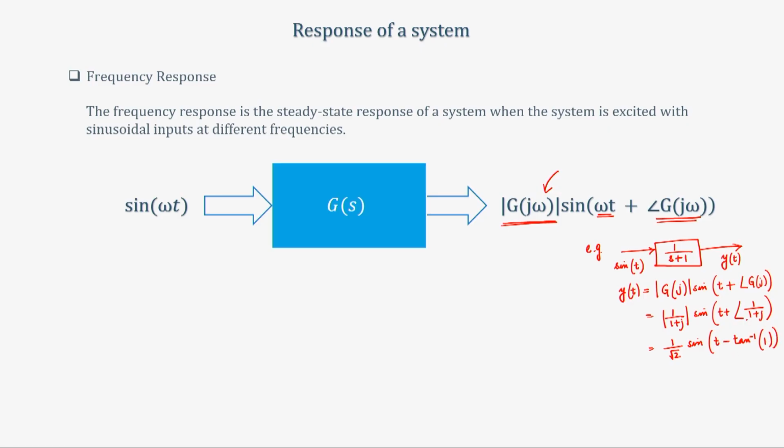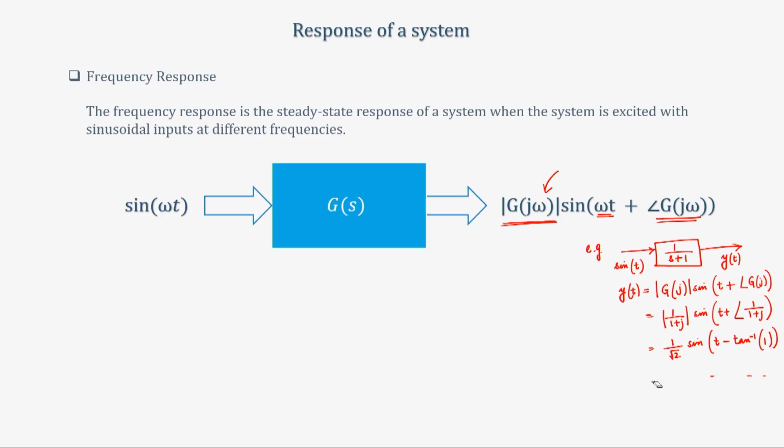Okay, because why minus? You see, when I am finding the angle of 1 by 1 plus j, the angle of 1 is 0, that is 1 plus j 0, and since 1 plus j is in the denominator, we have minus tan inverse of 1 by 1. So, tan inverse of 0 is 0 and then minus tan inverse of 1 is 45 degrees.